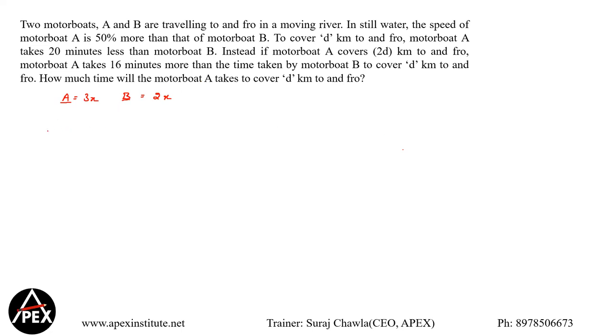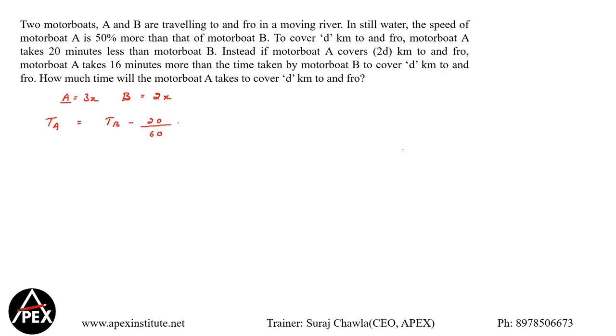The time taken by motorboat A, how do I frame my equation? So time taken by motorboat A is nothing but 20 minutes less. Since we are talking about kilometers and kilometers an hour, I would say 20 by 60 less. Okay. So here, what do I get? Time taken by motorboat A to go d kilometers and come back d kilometers, right?